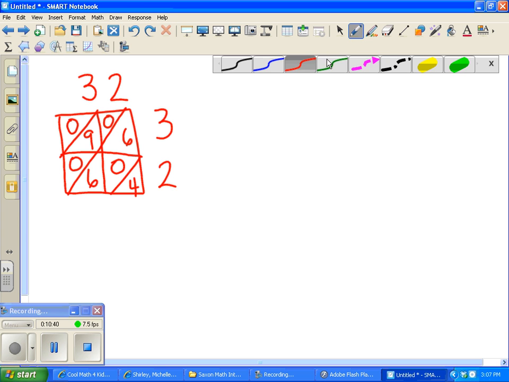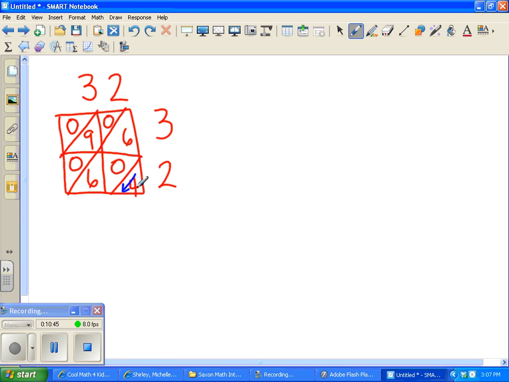I'm going to switch colors here, make this a little easier to see. And we start right here. 4 plus nothing is 4. 6 plus 0 plus 6 is 12. So I'm going to carry the 1. Now I've got 1 plus 0 plus 9 plus 0 is 10.